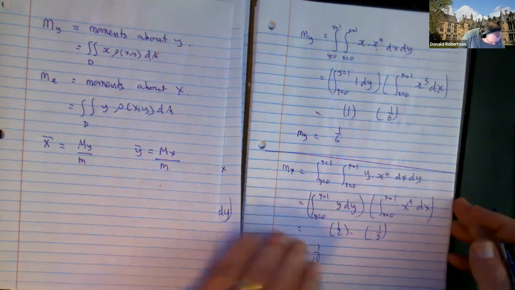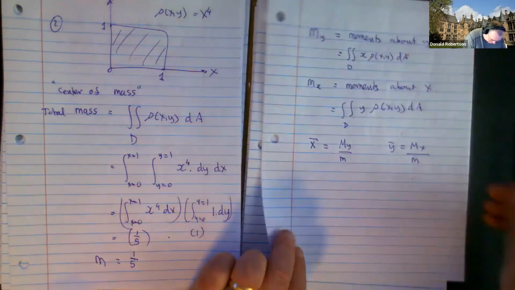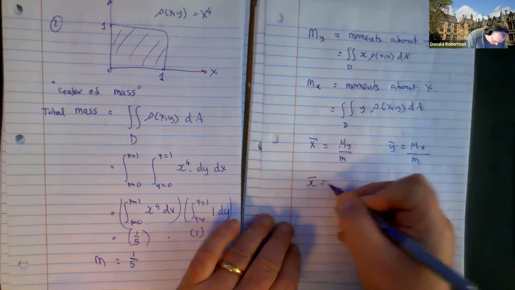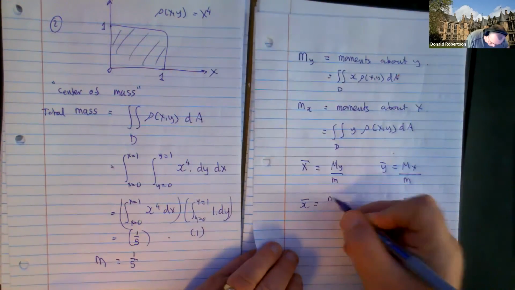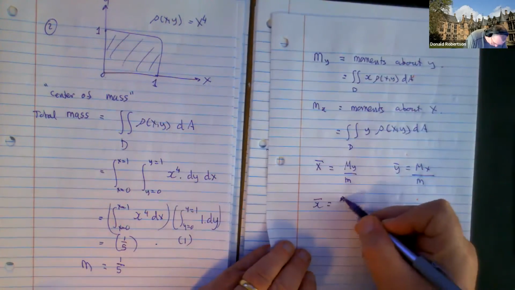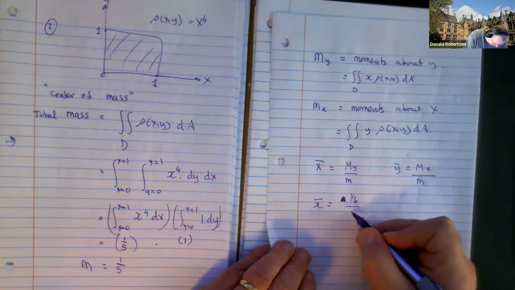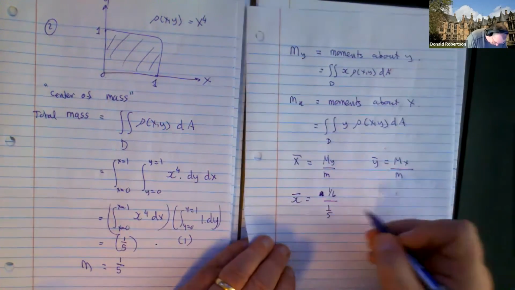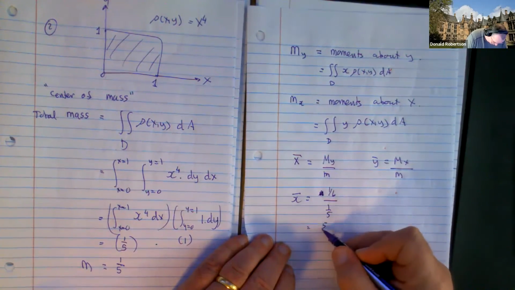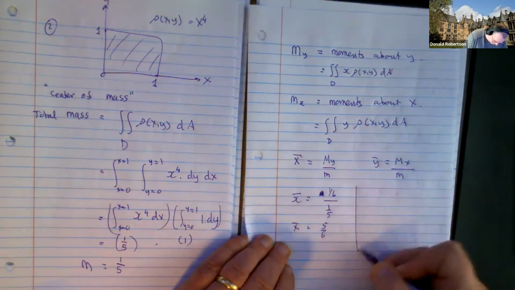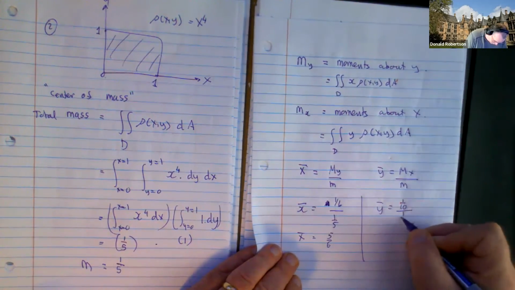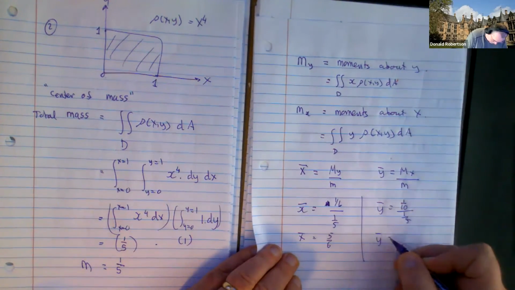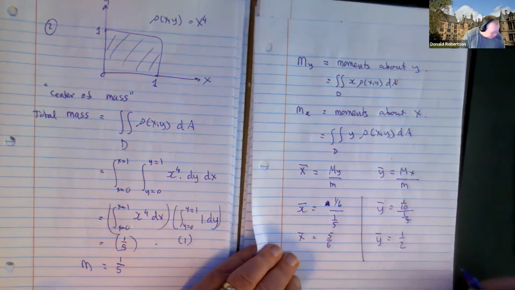So we are almost done. The x coordinate of the center of mass is my. Oops, which is 1/6, divided by the mass, which is 1/5, and that basically becomes 5/6. And y bar ends up being 1/10 divided by 1/5, and I believe that ends up being 1/2.